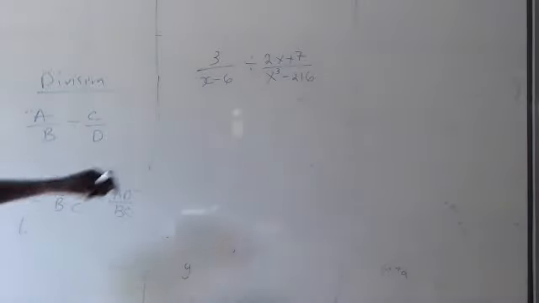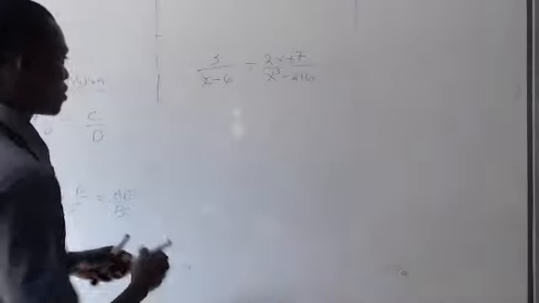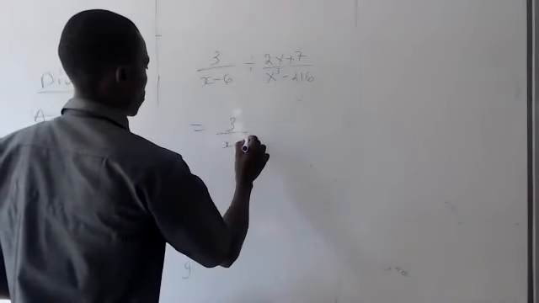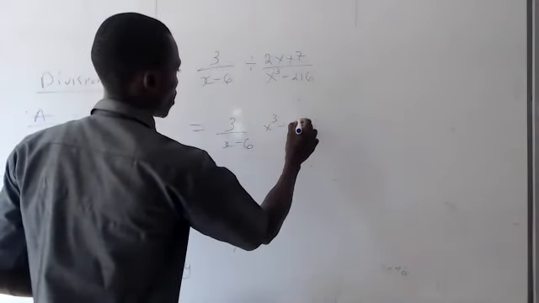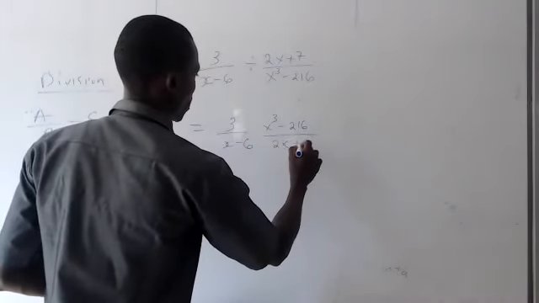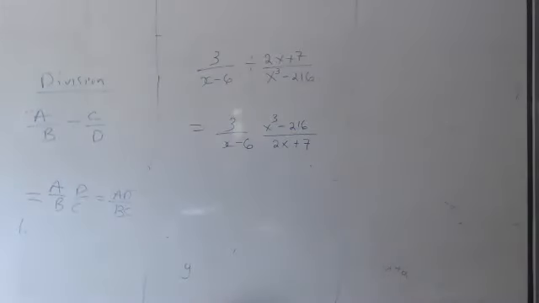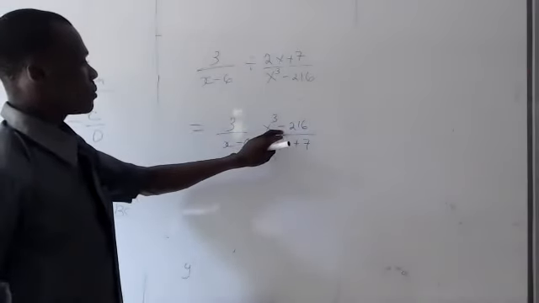So I've said that you will invert the second expression and change to multiplication. So this should be the same as 3 divided by x minus 6 times x cubed minus 216 divided by 2x plus 7. Is it possible to factorize this term?